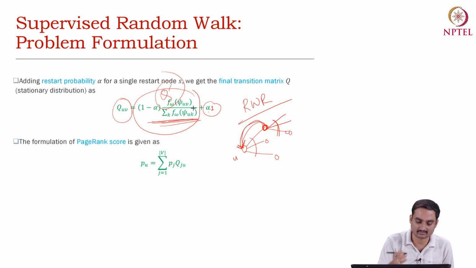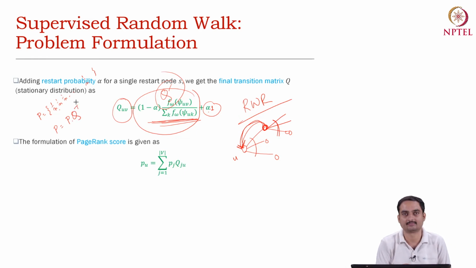And what is the expectation? When we start the random walk, say P is the distribution, you start with a uniform distribution, and then over time you multiply P with Q, whether it's Q transpose or Q doesn't matter, and you keep on multiplying.